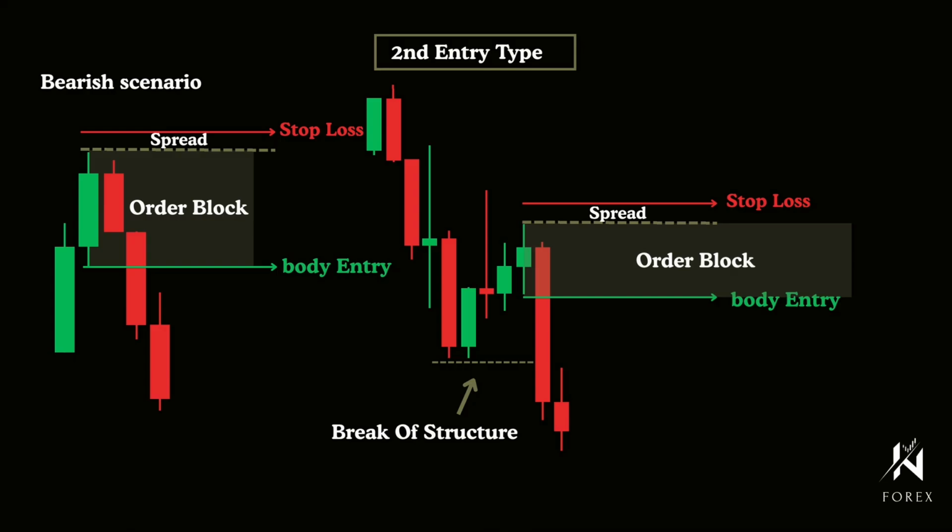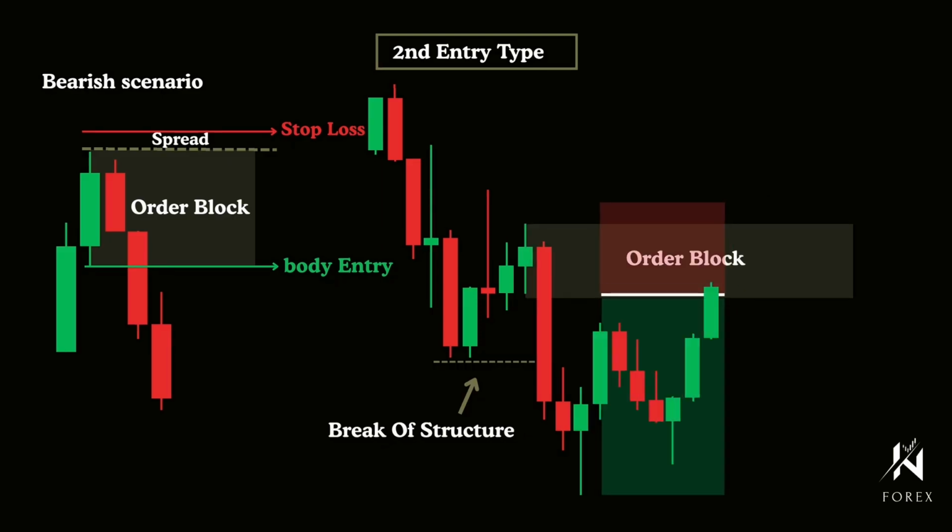This makes it a more efficient strategy for traders looking to maximize returns while maintaining controlled risk. This approach carries a slightly higher level of risk, as there is a possibility that the price may only tap the wick of the order block and then move in the anticipated direction, without activating your buy or sell order. As a result, there's a chance of missing out on a potentially profitable trading opportunity.